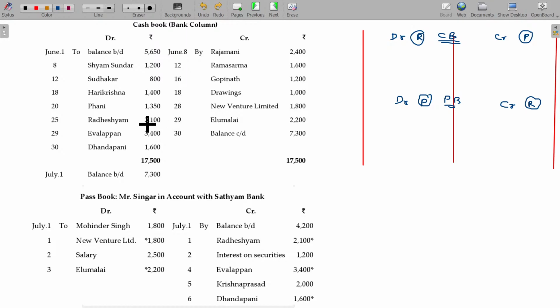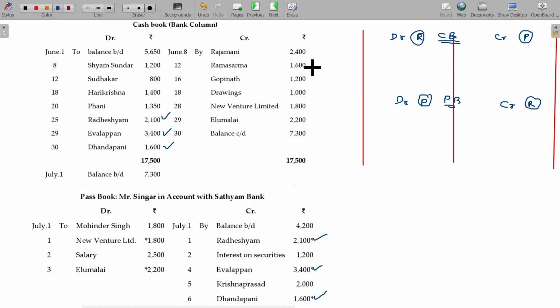Now, what is matching? Radhe Shyam and Radhe Shyam matching. Okay. Ilavappan and Ilavappan matching. Dandabani matching. Rajamani not matching.